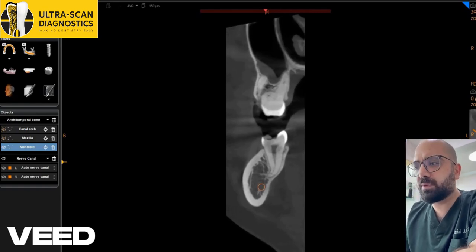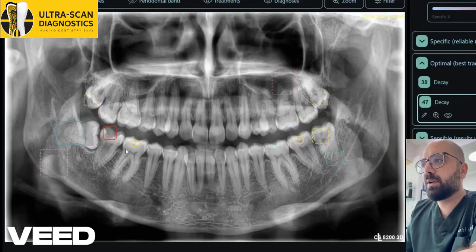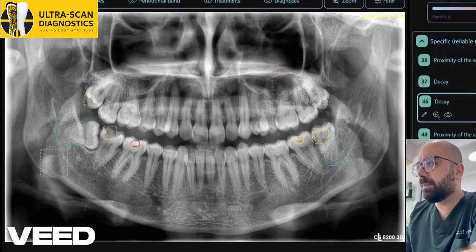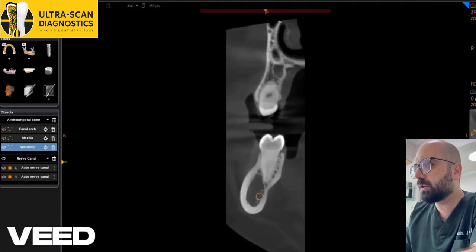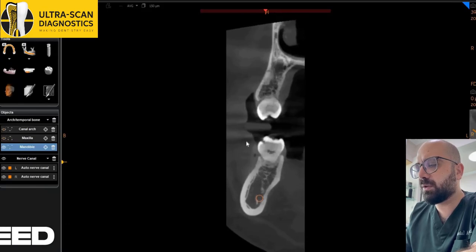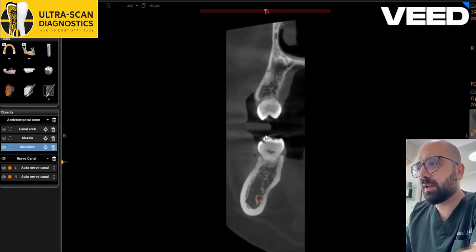So another absolutely correct diagnosis by our AI. Now moving to the upper, there is decay in the 4-6 as well. Let's check this out here. If the 4-6 shows any signs of decay, and there you go, ladies and gentlemen, we've got decay in the 4-6 right there, quite significant, and that's again another win for the AI.